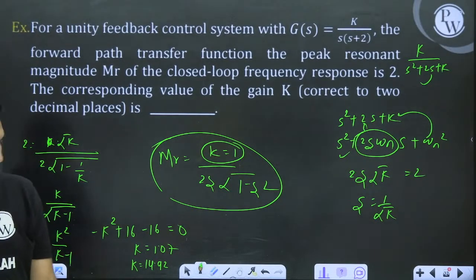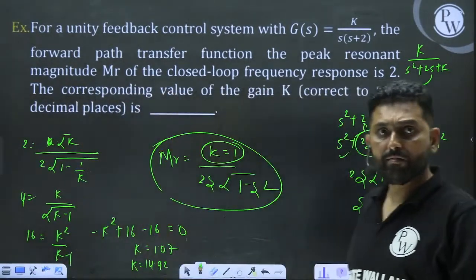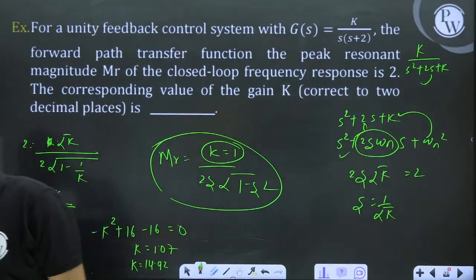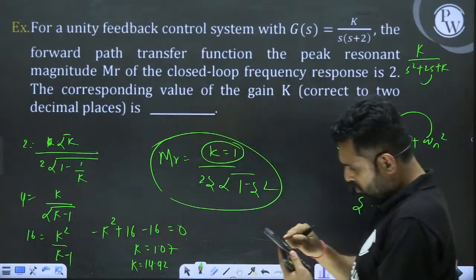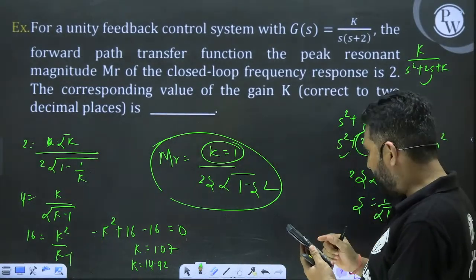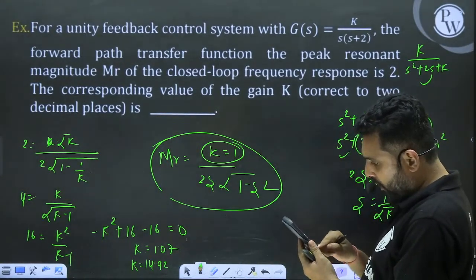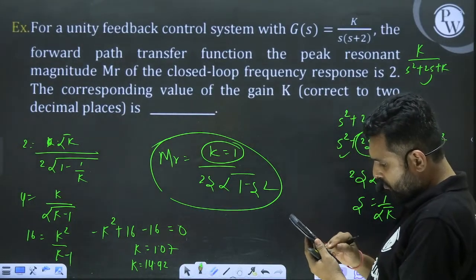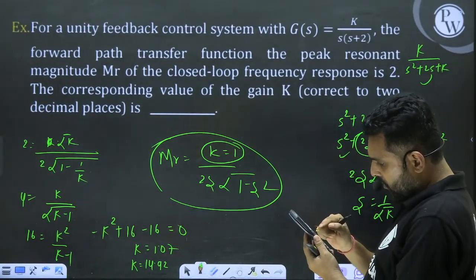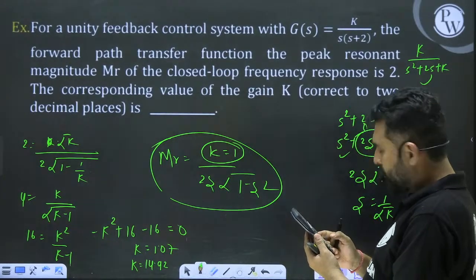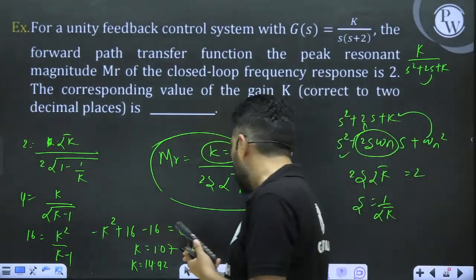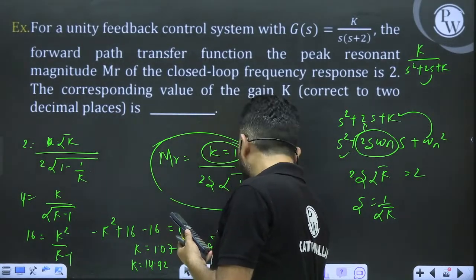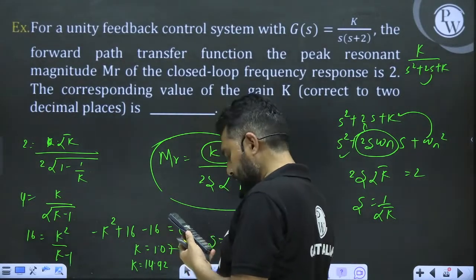So how will you verify which one is the right answer? When you put zeta is equal to 1 by root of 1.07, then the zeta comes out to be 0.9996.